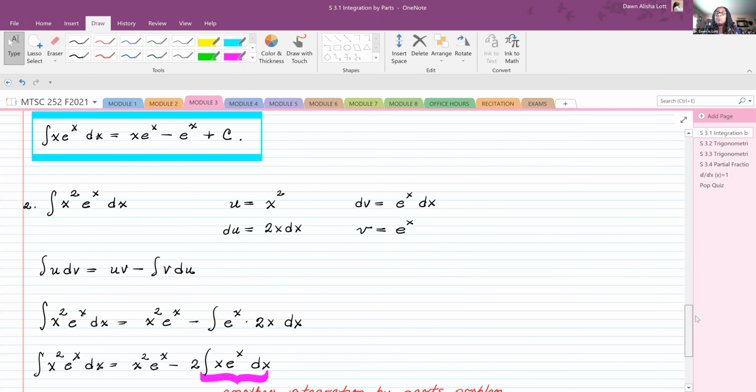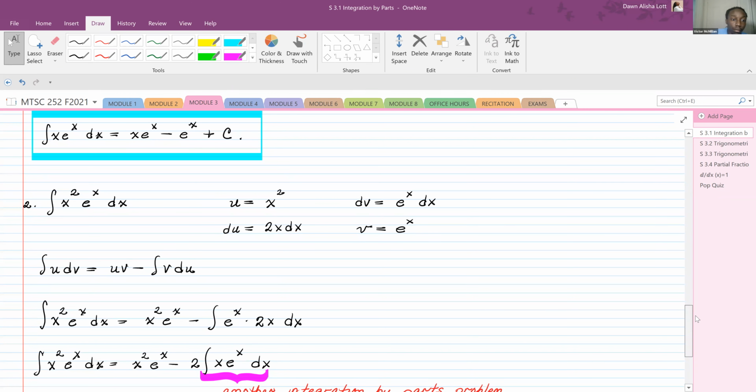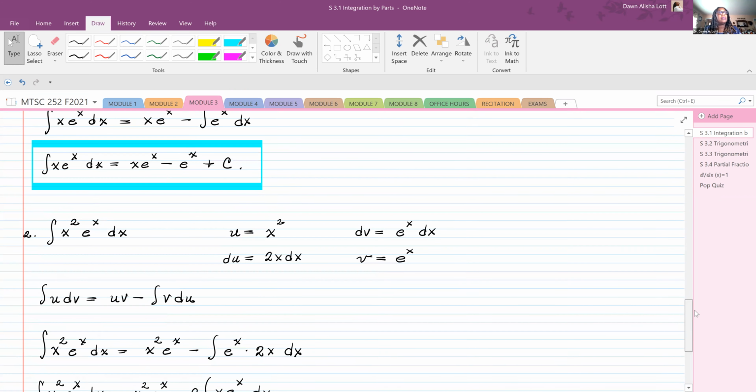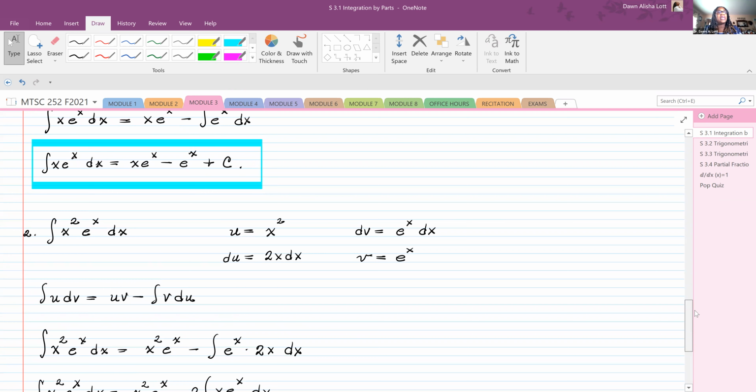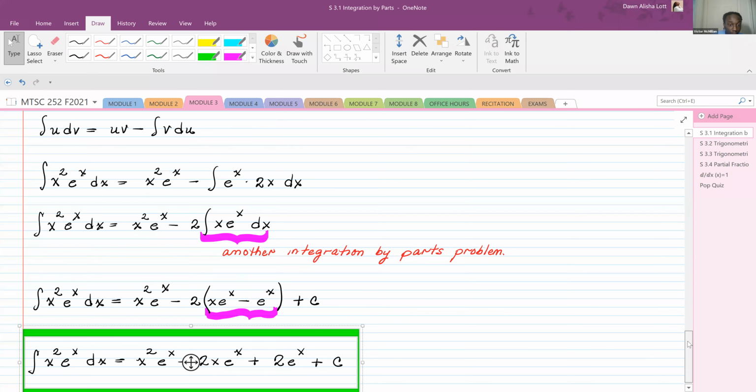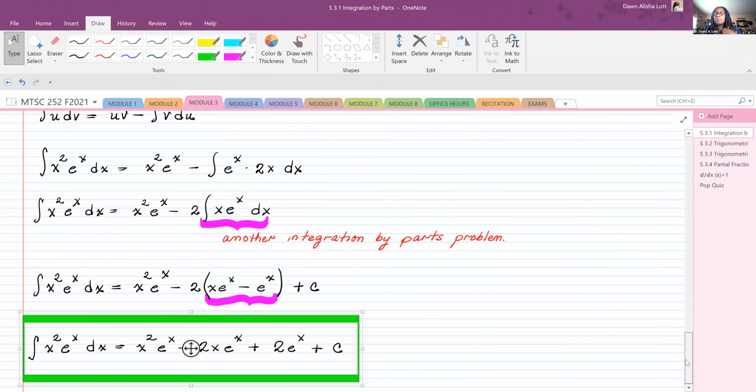So all I did was pick its answer up, x e to the x minus e to the x, and stuck it in for the integral because I know the answer already. And then I just multiplied it by -2.